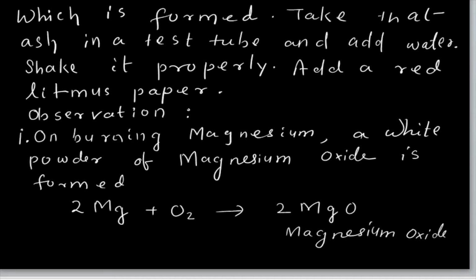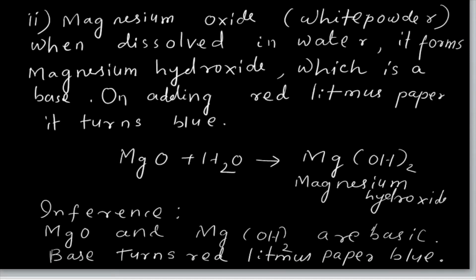When this magnesium hydroxide is treated with red litmus paper, what will it give? Magnesium hydroxide is called a base, because it contains an OH group. Base means a compound which contains an OH group. And the inference is that a base always turns red litmus paper to blue.